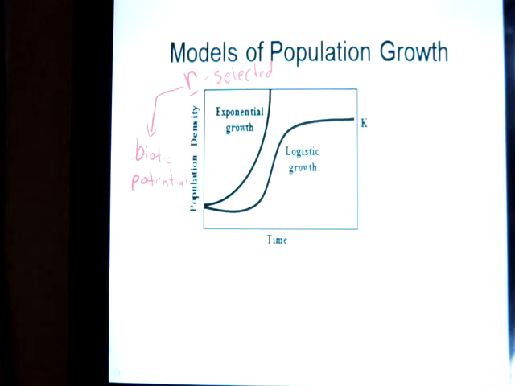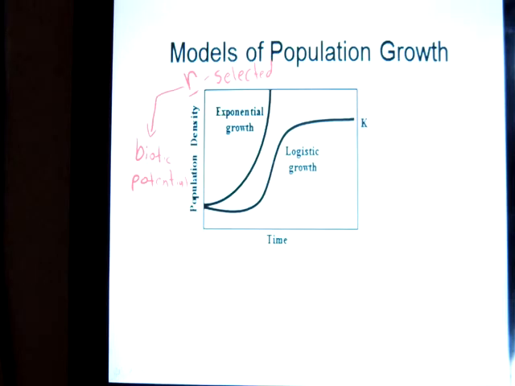So an organism with a high biotic potential can explode in population quickly. So for example, rabbits. Rabbits have a much higher biotic potential than human beings. The reasons are, number one, a rabbit is sexually mature at like 1 or 2 years old. So at 1 or 2, they can start having their own babies. And they're pregnant for, well, I don't know how long, but it's a lot less than 9 months. And then when they do have babies, they have 8 or 9 babies at a time in one litter.